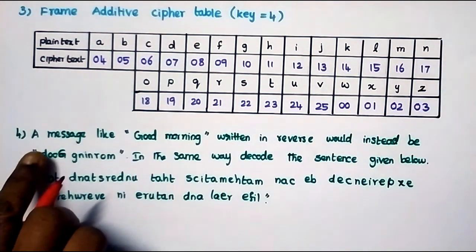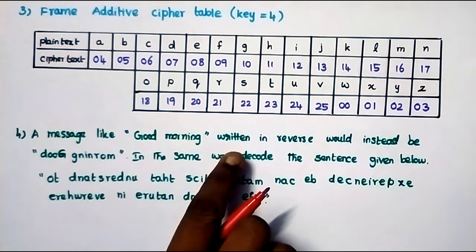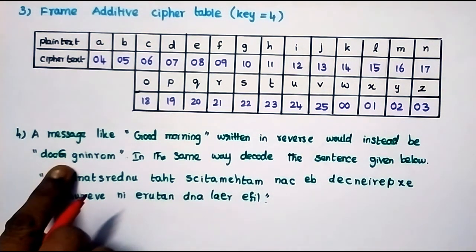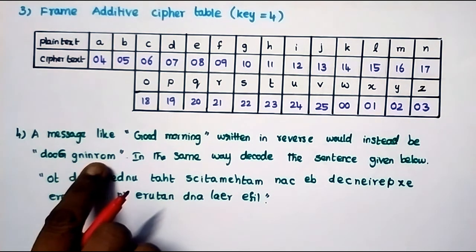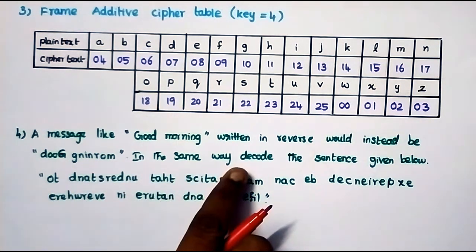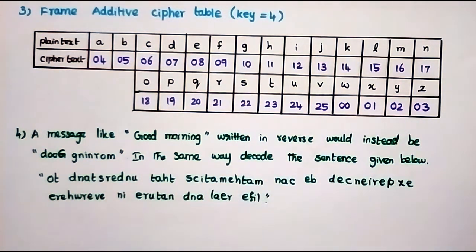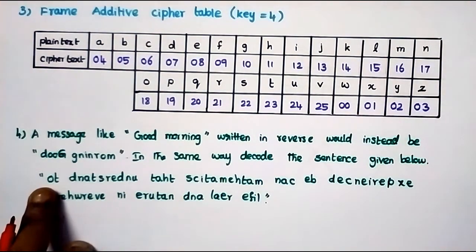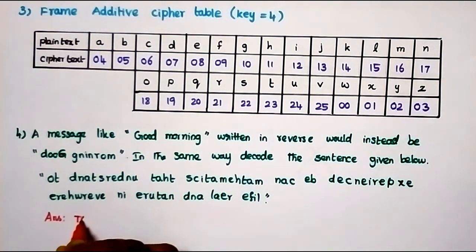Next one, a message like good morning written in reverse would instead be, listen, DOOG, GNINROM. In the same way, decode the sentence given below. They given the sentence, we write down like that, OT, that is TO.